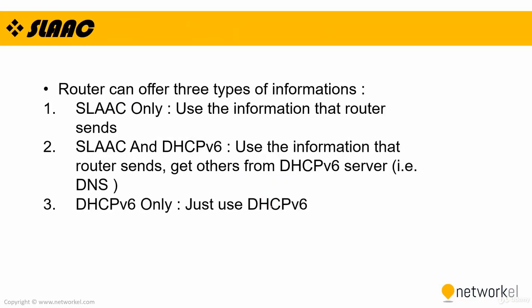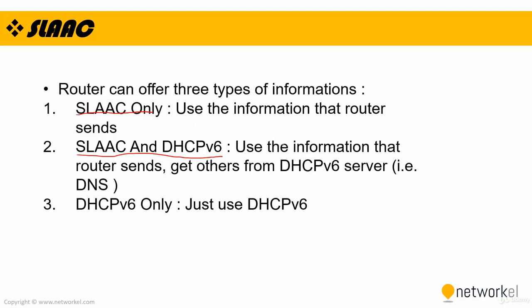Let's take a look at SLAAC. The router can offer three types of information as SLAAC type. The first one is SLAAC only. If the router sends a SLAAC only message, that means use only the information that the router sends. If the router offers SLAAC and DHCP version 6, that means use the information that the router sends and get the others from the DHCP version 6 server.